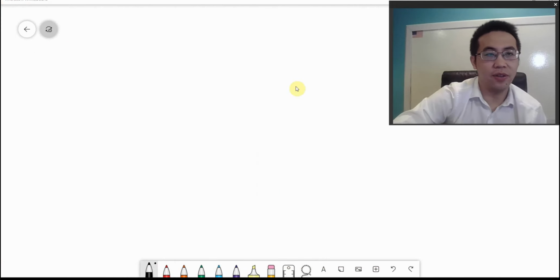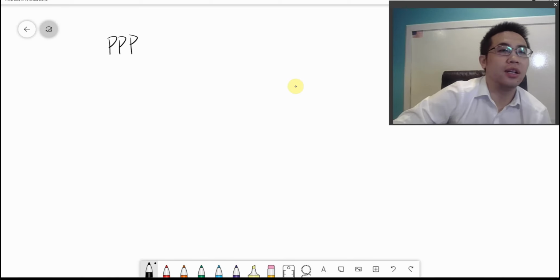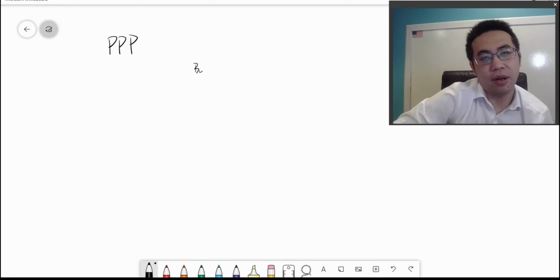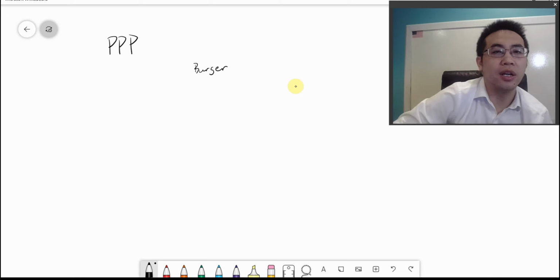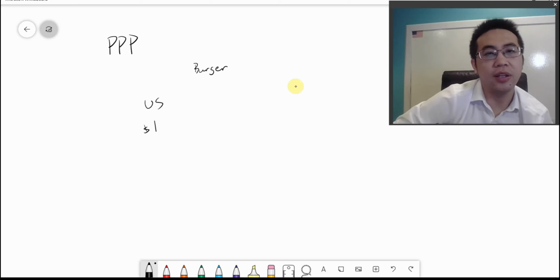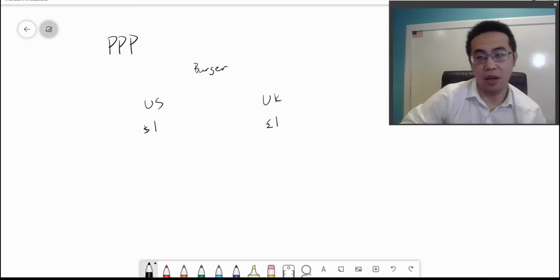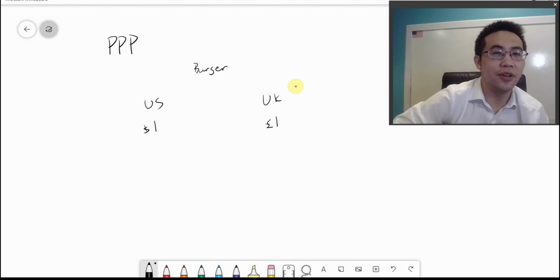Let me give you a simple example to illustrate how purchasing power parity works. Let's say I'm using a product which is a hamburger, and in the US it is $1, and in the UK it is 1 pound. The same hamburger on the dollar menu of McDonald's, either in New York or in London.